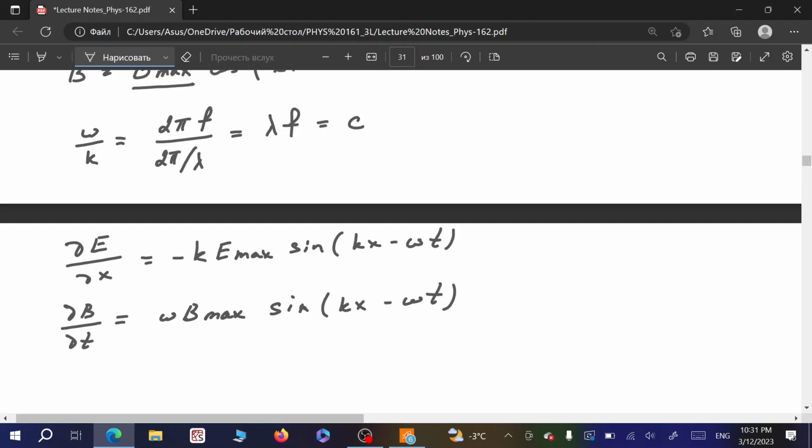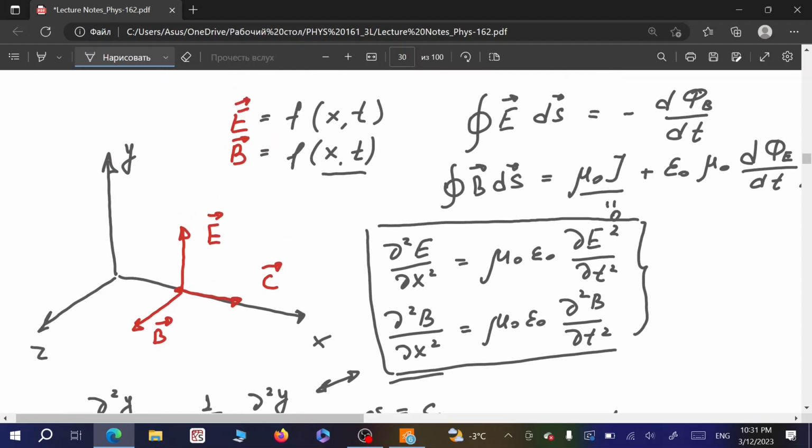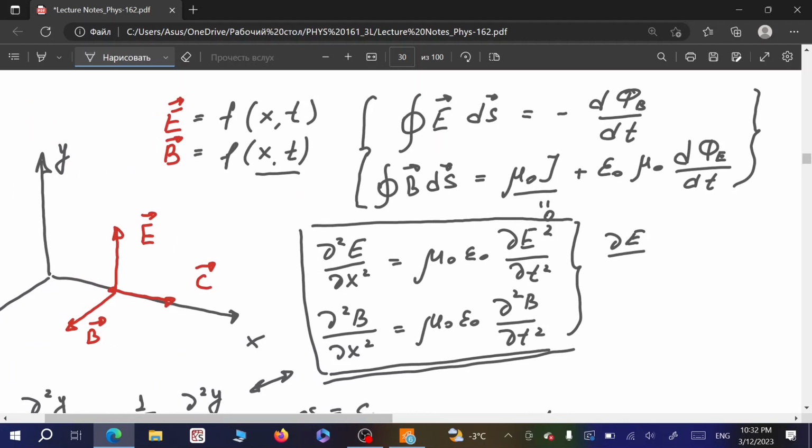Okay, now in the process of obtaining these wave equations for electric and magnetic field from two equations from the system of Maxwell equations, it is possible to show that the partial derivative of electric field over position x is equal to minus the partial derivative of magnetic field over time.